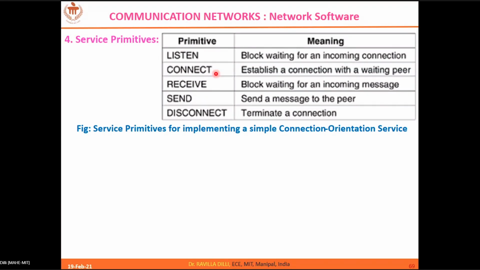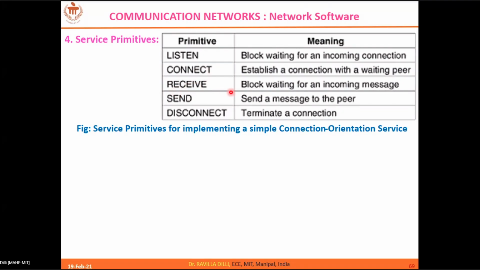So for client to server, the connect primitive should be executed at the client. When you want to establish the connection from server to client, the connect primitive should be executed at the server end. So this connect primitive will be executed on both ends.